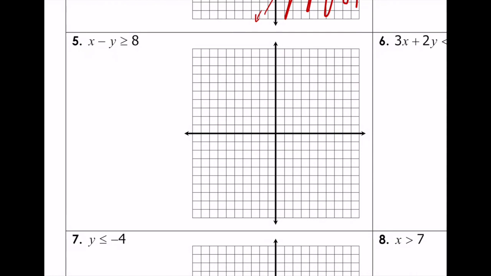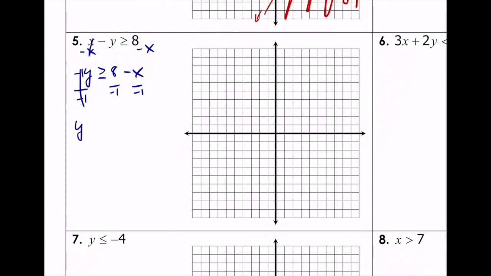Okay, number 5. Once again, we need to get rid of this x from both sides. So we have negative y is greater than or equal to 8 minus x. Anytime I have a variable without a number in front, I can call it 1. So we're dividing everything here by negative 1 to make this y be by itself.